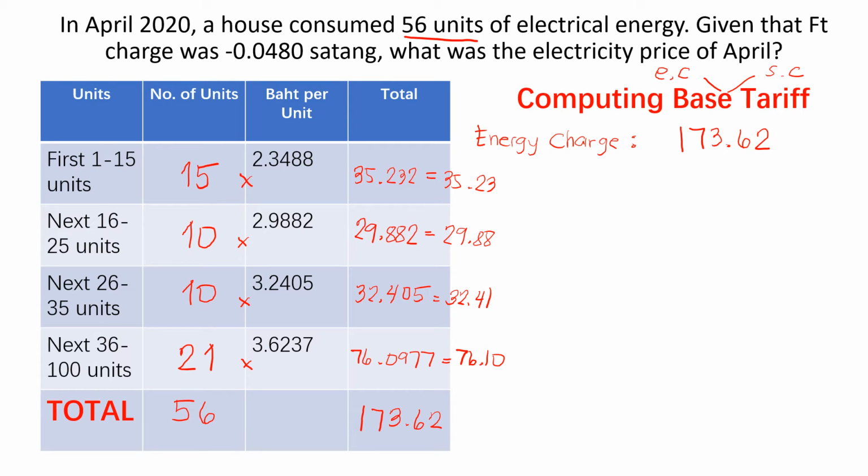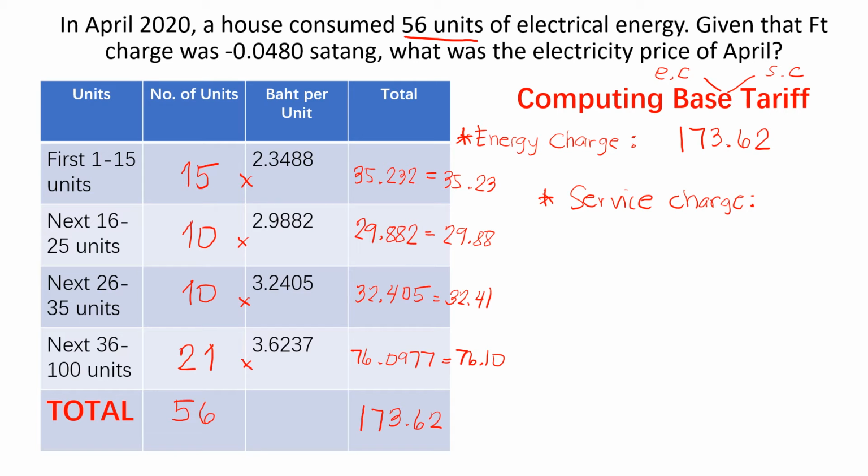However, we are not yet finished because we still have your service charge. Okay, so in your book, the service charge is like this. If it is not over 150 kilowatt hours, you will pay 8.19 baht. If it is over 150 kilowatt hours, that will be 38.22.